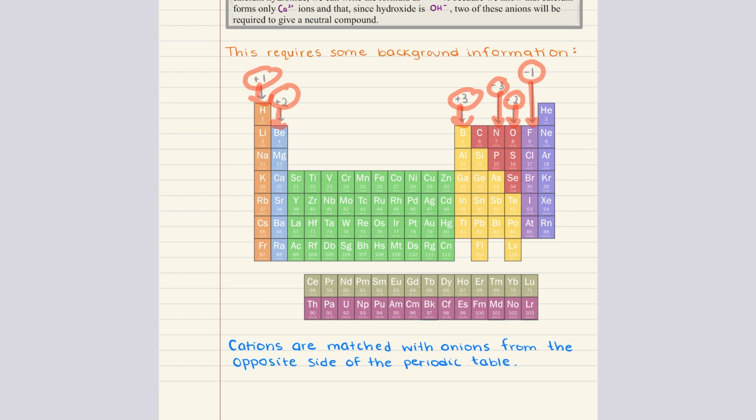Since ionic compounds must be neutral overall, we need to balance these charges by adjusting the ratio of cations to anions. In some cases, the charges already cancel out in a 1-to-1 ratio, like in sodium chloride. Sodium forms a +1 cation, and chloride forms a -1 anion.